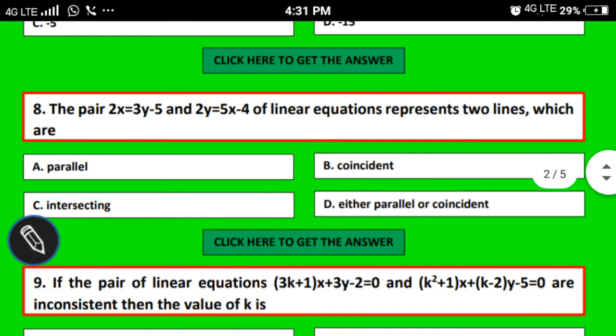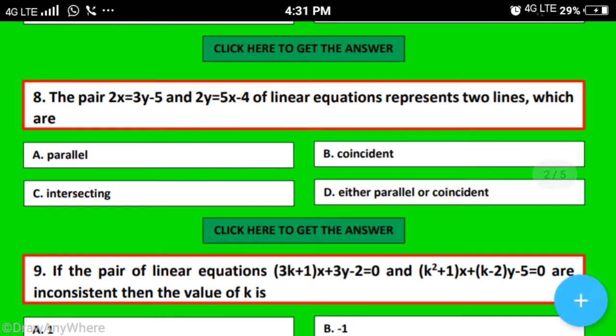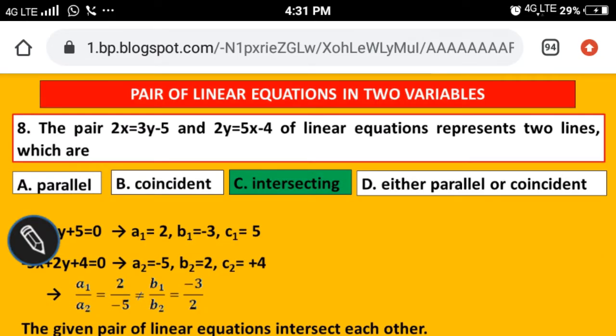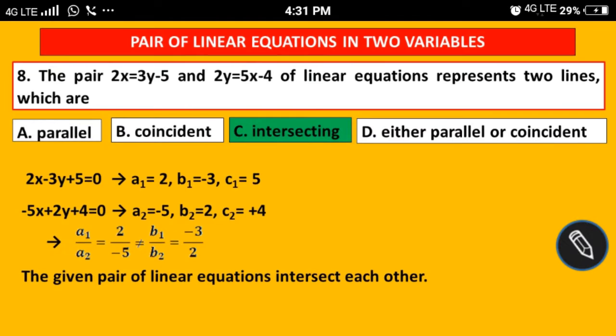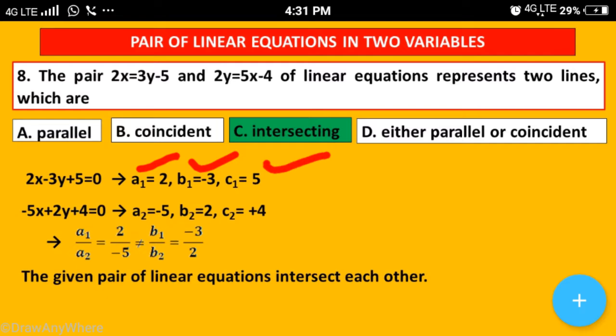The next one, the eighth one: the pair 2x equals 3y minus 5 and 2y equals 5x minus 4 of linear equations represent two lines which are. So again we have to find the values by using the condition. From the above equations we can write the value of a1 as 2, b1 as minus 3 and c1 as 5.